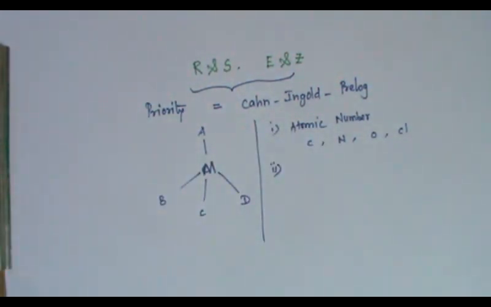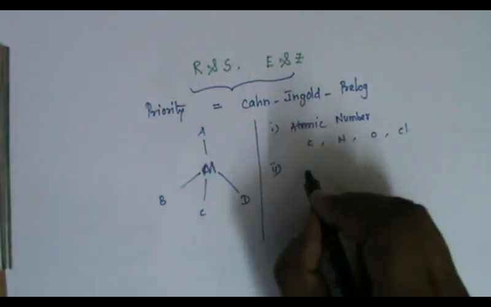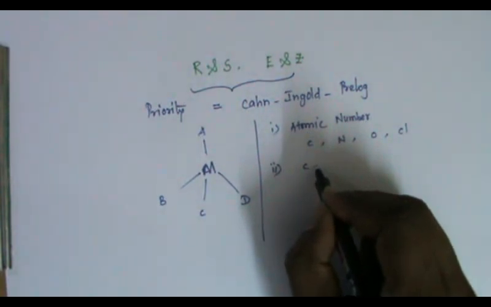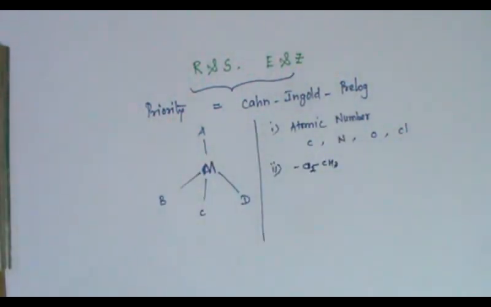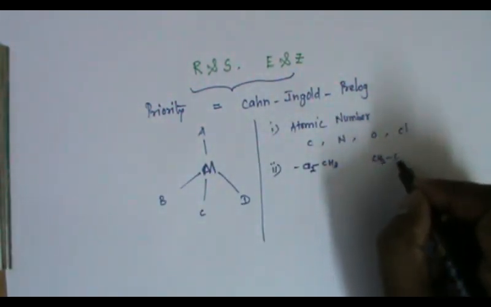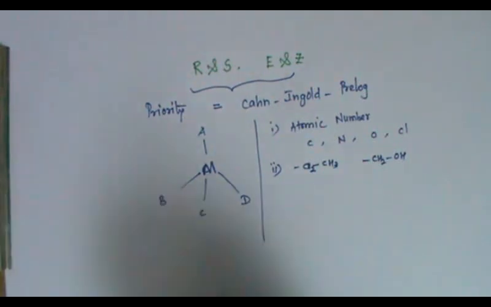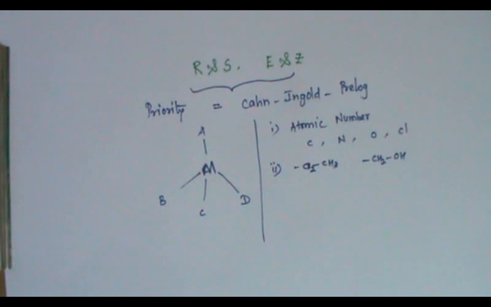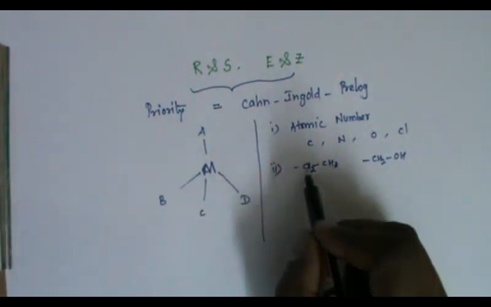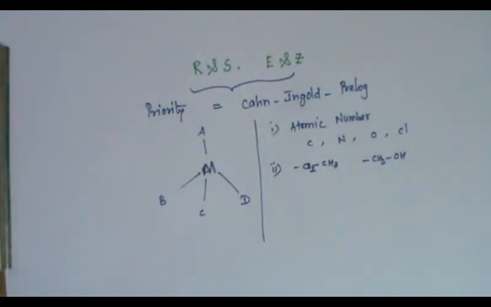The second rule: suppose two groups start with the same atom, for example, CH3, CH2 and CH2OH. Say these are the two groups attached to the atom M. In that case, how can we give priority? It is very simple. If the two atoms are same, then look for the next atom.